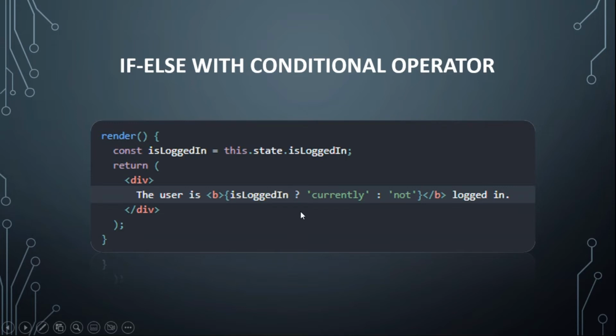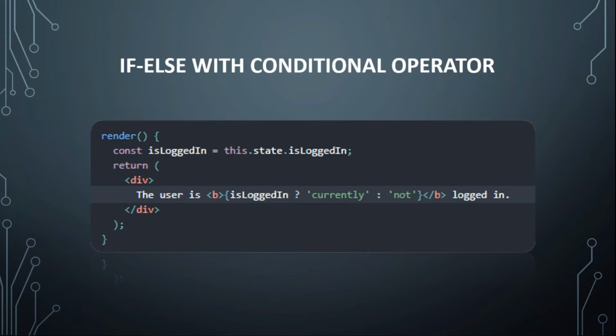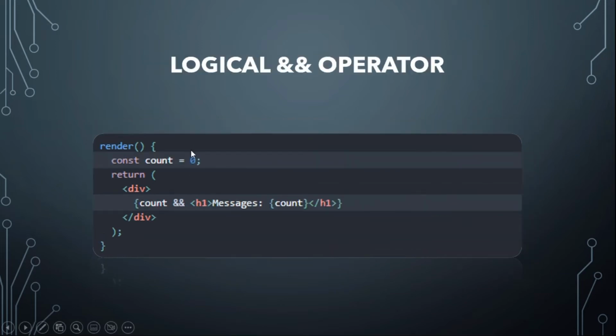So this is the difference between the logical and the conditional if. If it is not true, we want to return something opposite to what we were going to return here. But on the logical and operator, if this is not true, just ignore everything else and continue writing the other code.